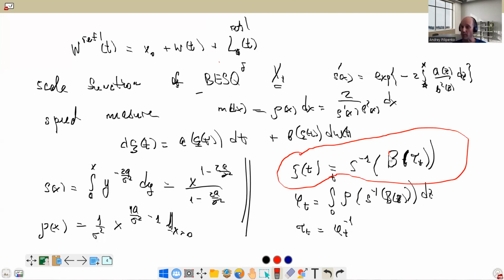And if you have this representation, and if you know psi, then you can calculate b. B of t is s of psi of t. So you take the scale of psi and then write here phi of t. So this is a one-to-one transform between some Brownian motion and a solution to a stochastic differential equation.